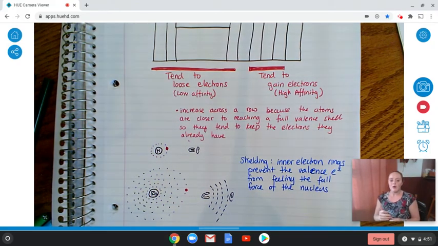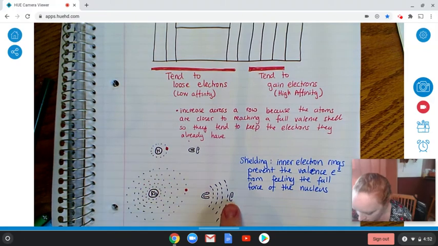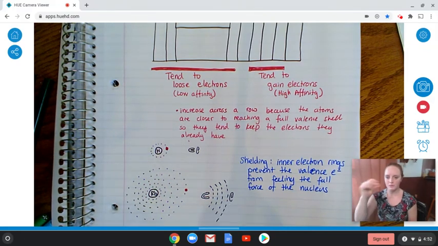So when we have high shielding, those valence electrons are not going to be easy to hold on to. They're going to be easy to pluck off. They're going to be harder to keep.